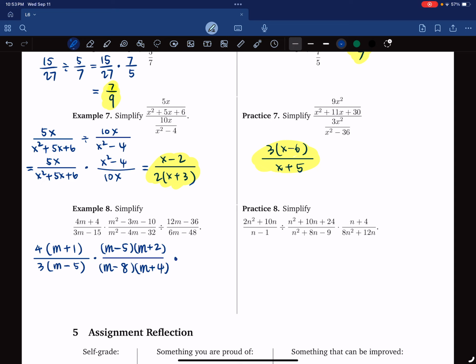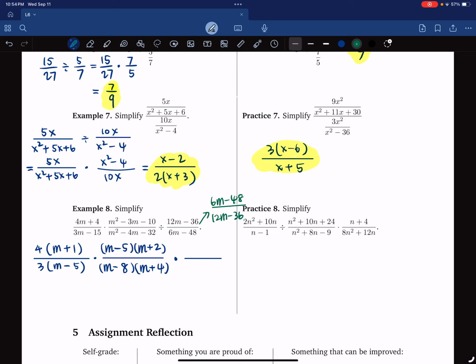And then I'm going to flip the last fraction, because here we have a division, so I'm doing invert and flip. I'm going to write it somewhere else. So if I flip this fraction, it will become 6m minus 48 over 12m minus 36.